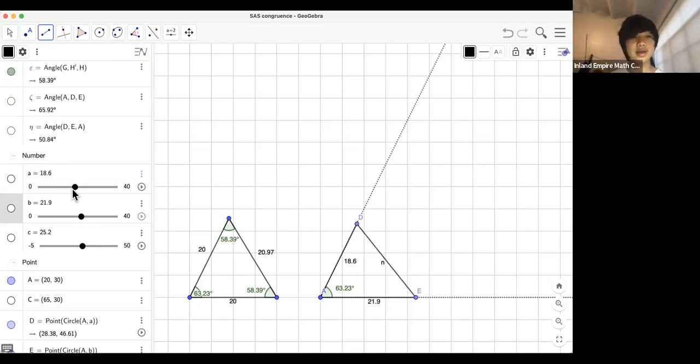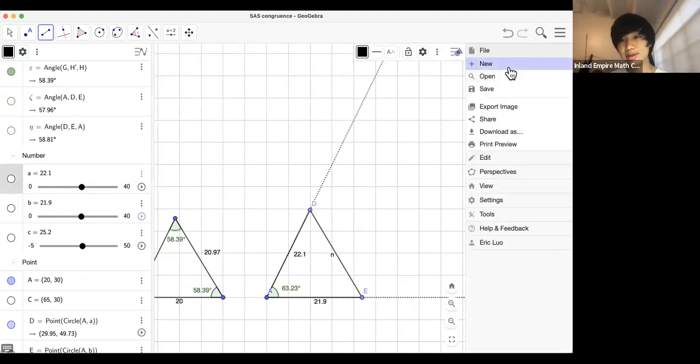And that's the idea. So there's only one possible triangle you can create with side, angle, and side information, which means that all triangles with the same information for a side, an angle, and then another side have the same angles and sides, because there's only one possible triangle that you can produce.